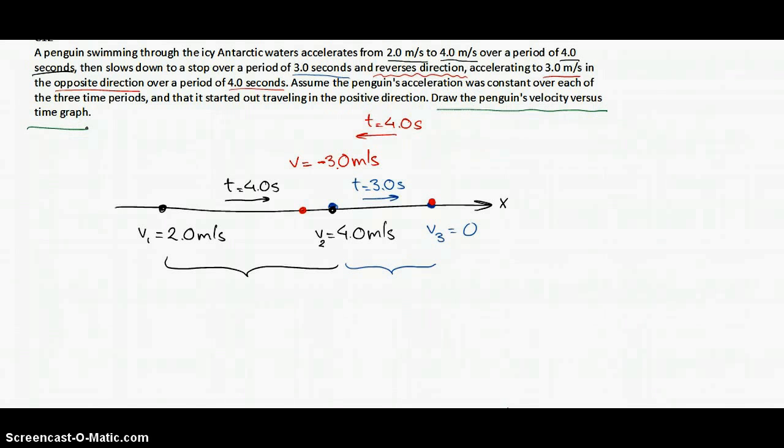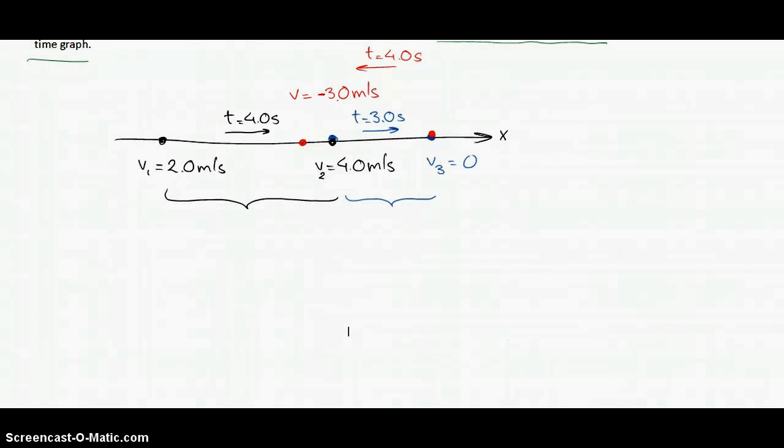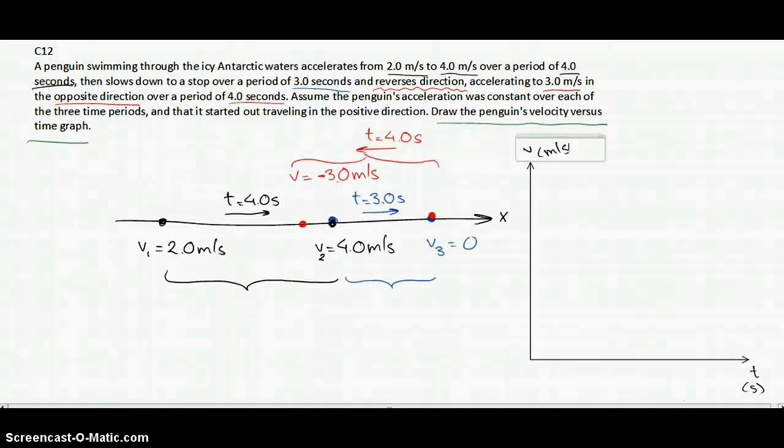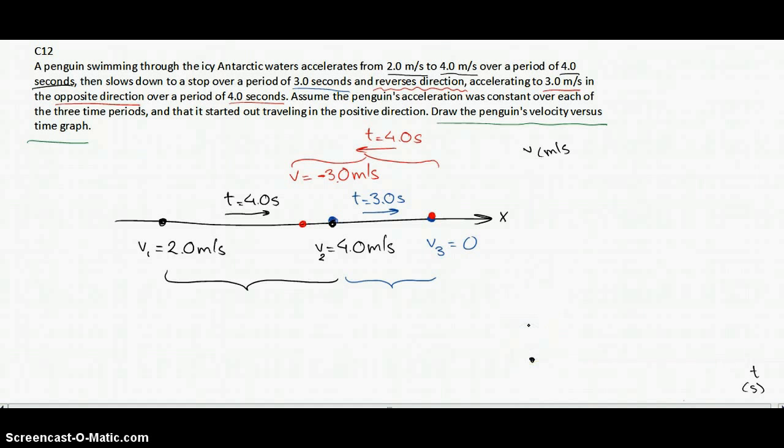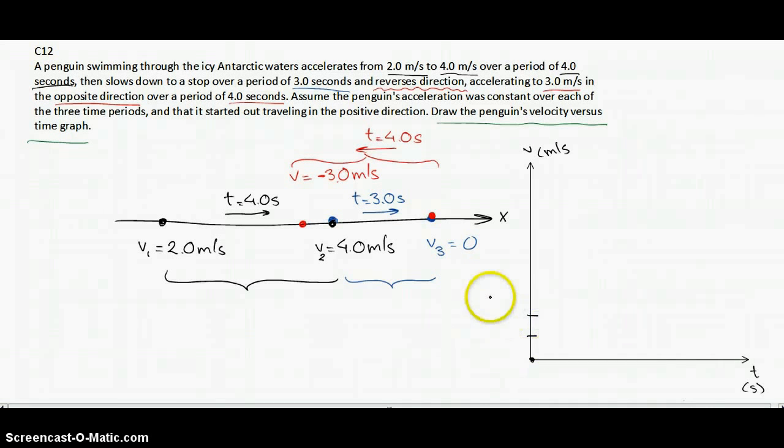Alright, so what I'll do first is I will sketch the graph for myself, and then I will make a better graph later on. So here's my graph. The penguin starts at time 0, and the velocity at that time is, according to the text, 2 meters per second.